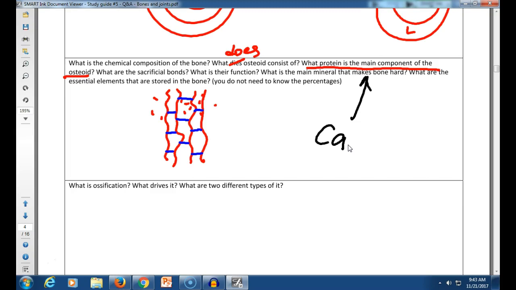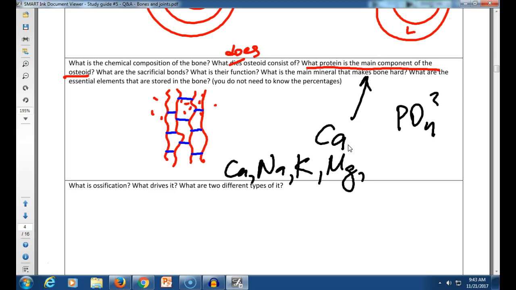You cannot go wrong. Everything. Well, like iron isn't, but you can see the main ions. So we're talking calcium, sodium, potassium, magnesium. Those are cations. Anions, we're talking phosphate, carbonate, and sulfate.